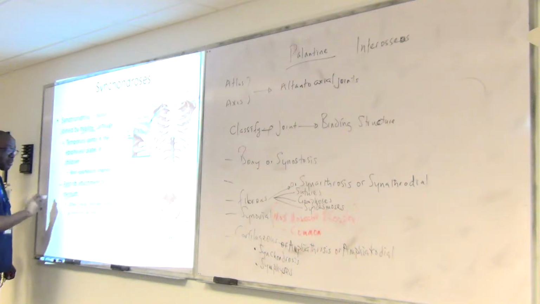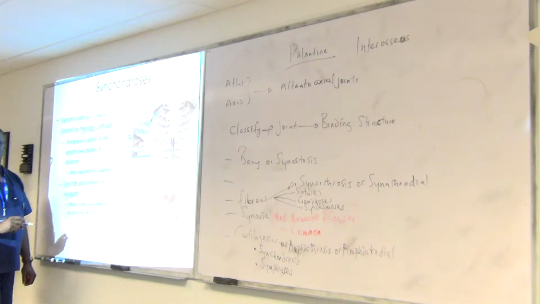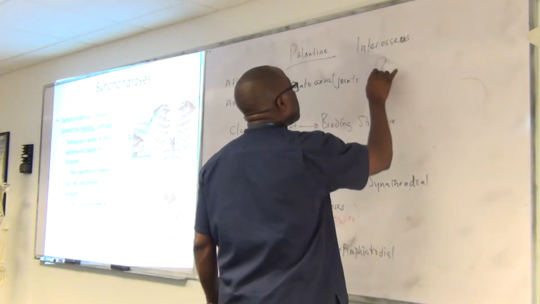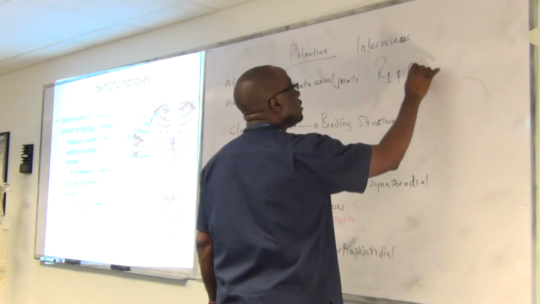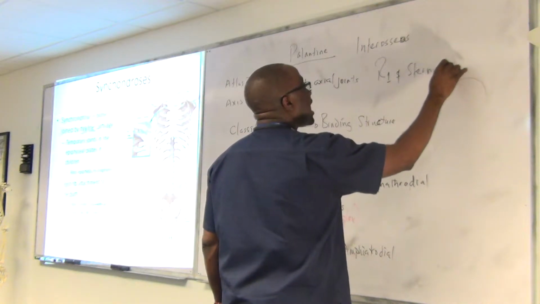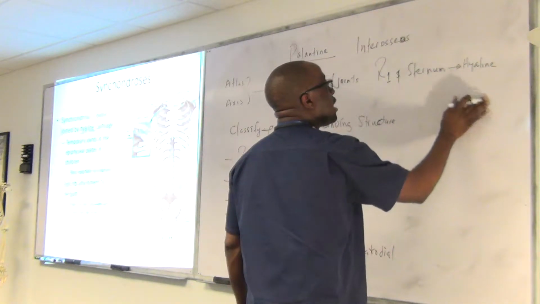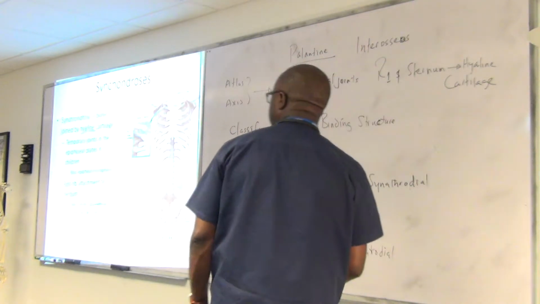The rest are what? Synovial joints. It's a type of joint. Let me put it this way: rib number one and sternum, the joint is hyaline cartilage.